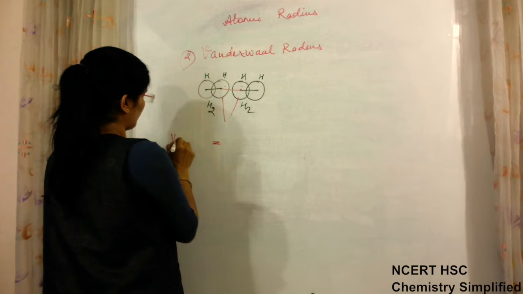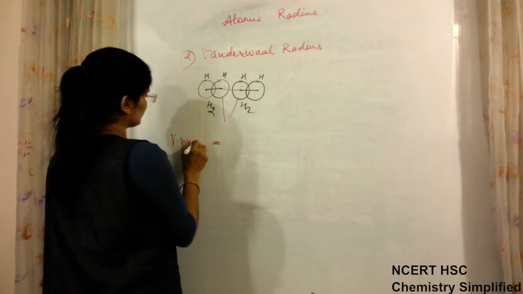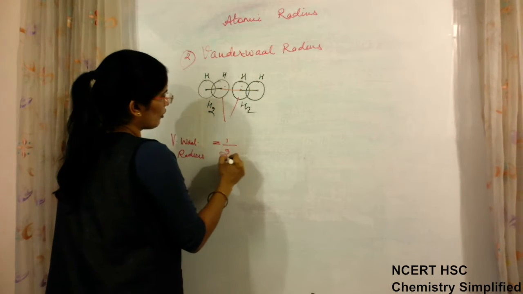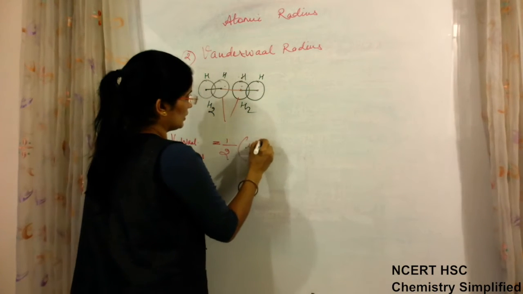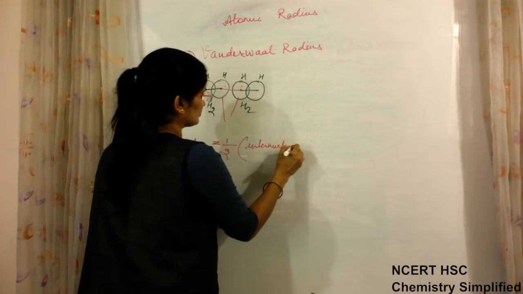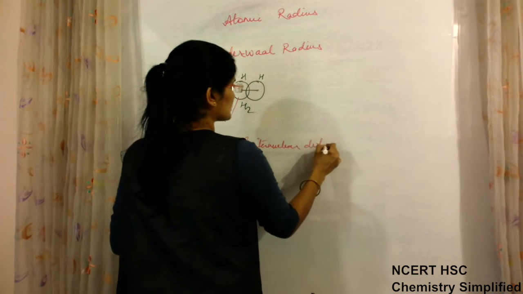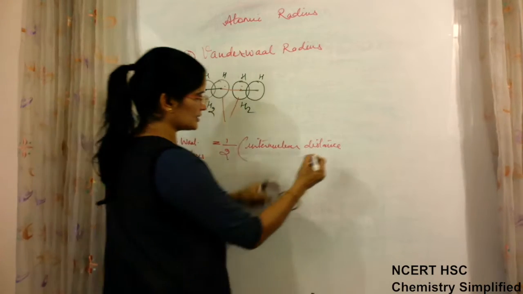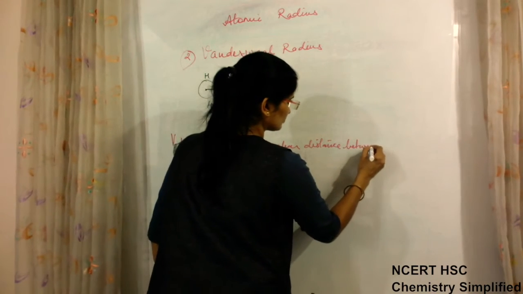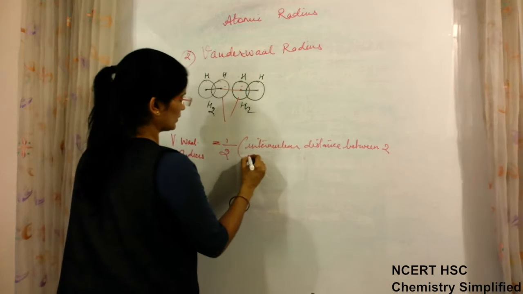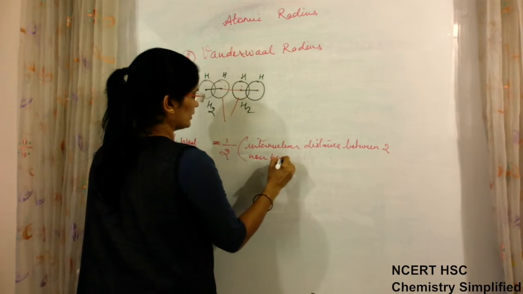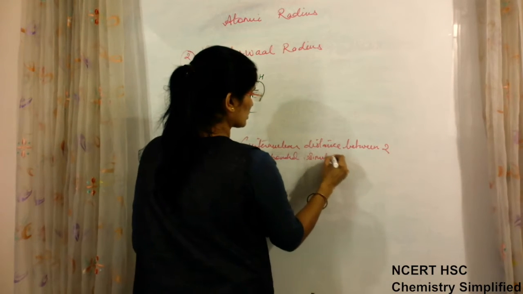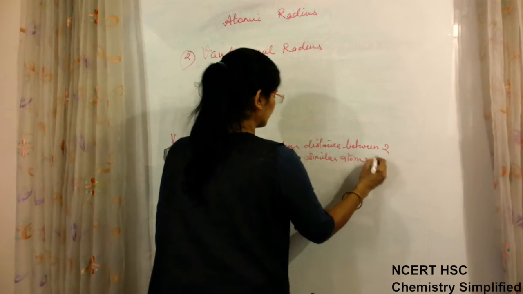atoms. That means van der Waals radius is what? Half of the internuclear distance between two non-bonded similar atoms.